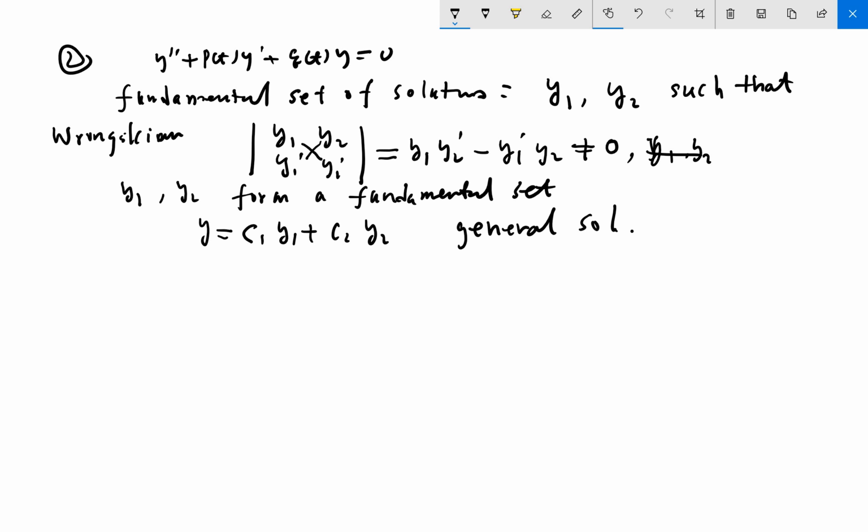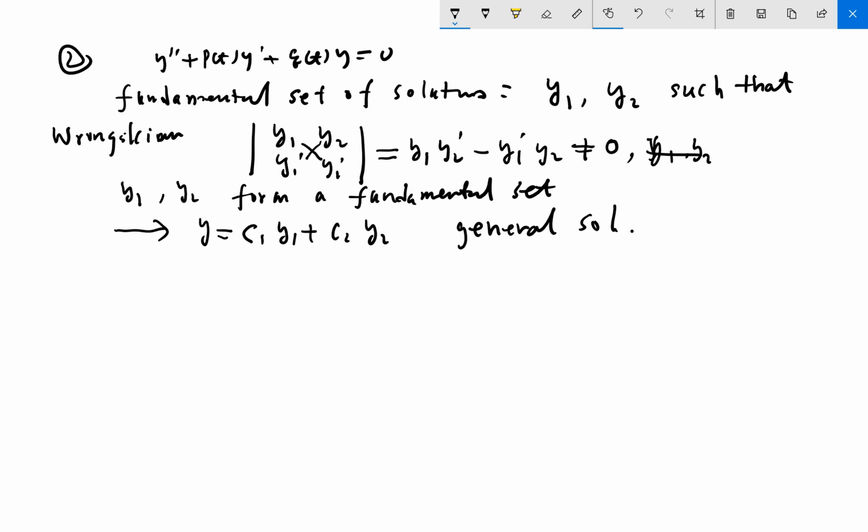Okay, so now there are so many theorems. We just say the important point is, if you want to solve equation 2, what do you need to do? You just need to find a fundamental set, y1, y2. Then the linear combination will give you all the solutions.